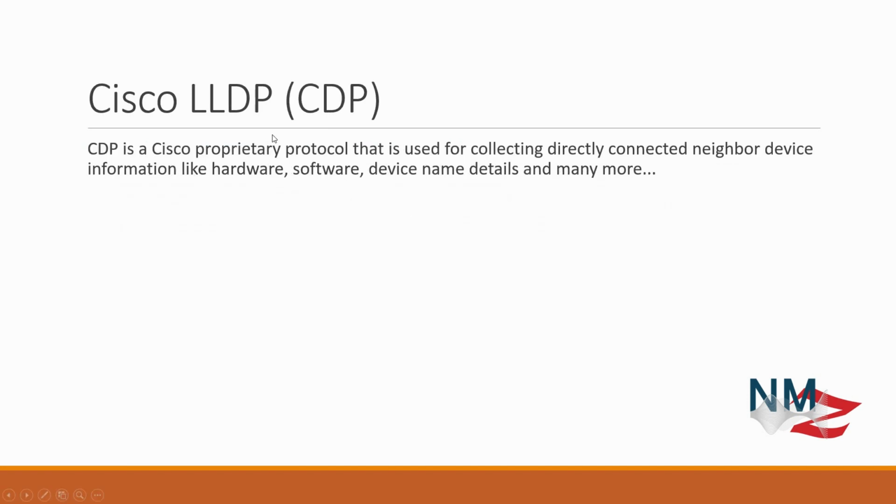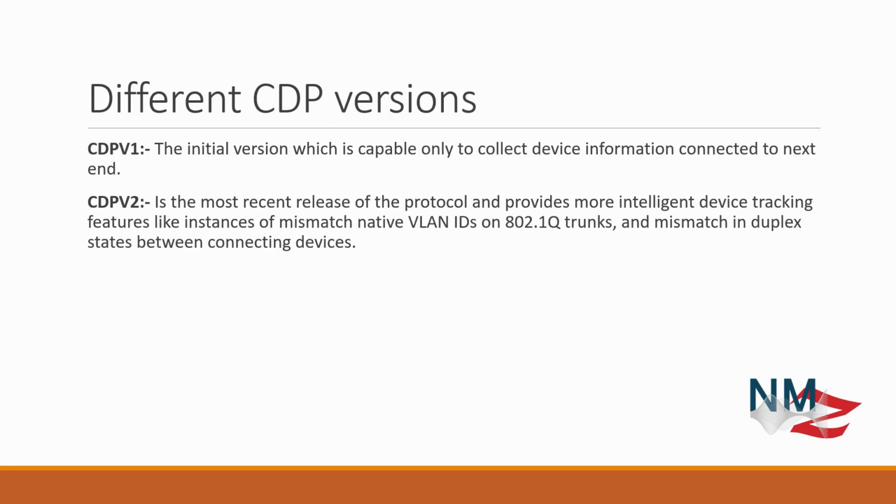And of course here we are going to speak about the Cisco equivalent of LLDP, called CDP, Cisco Discovery Protocol. It's not much different from LLDP, just a different protocol working in a different way. CDP is the same as LLDP, but has two versions, CDP version 1 and version 2.